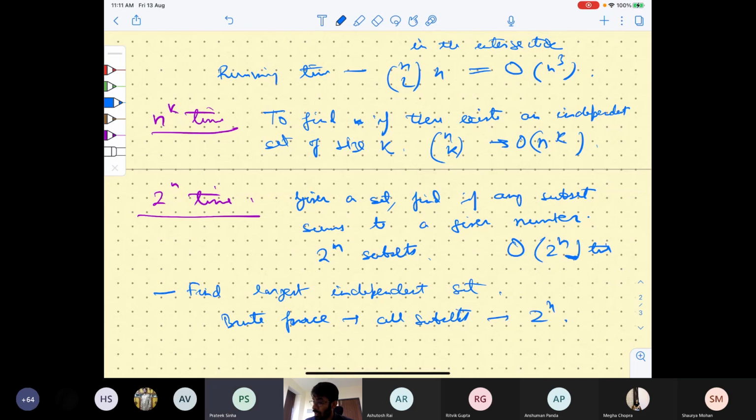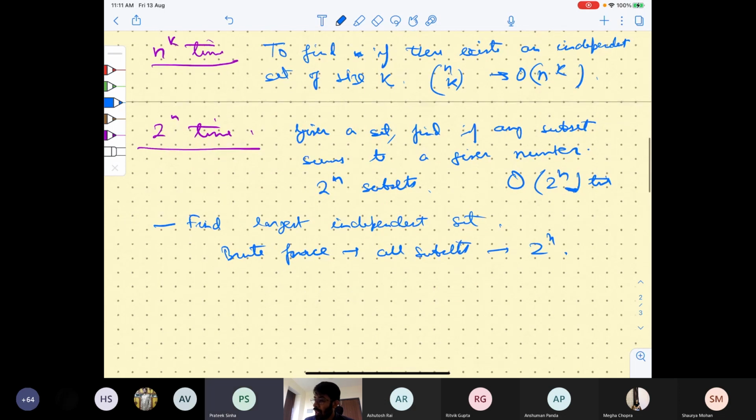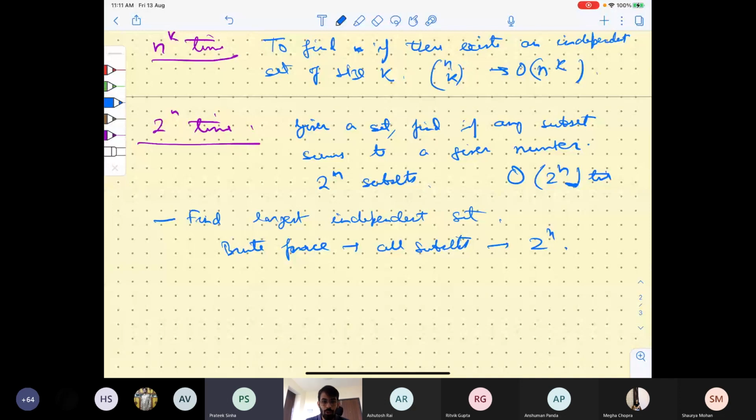By independent set, you mean like a connected component in a graph or what? No, so you should revise some of this, or I don't know if it was not taught, but I'll try to repeat those things from graph theory, but I'll not be going very deep. So independent set is just a set of vertices such that no two of them are connected.